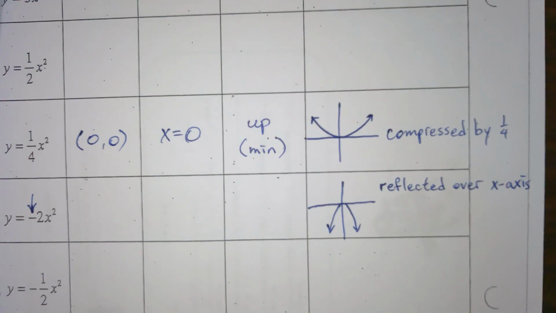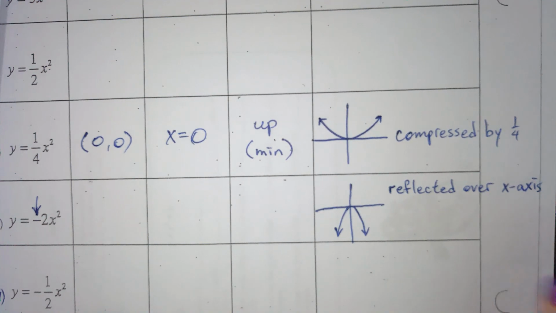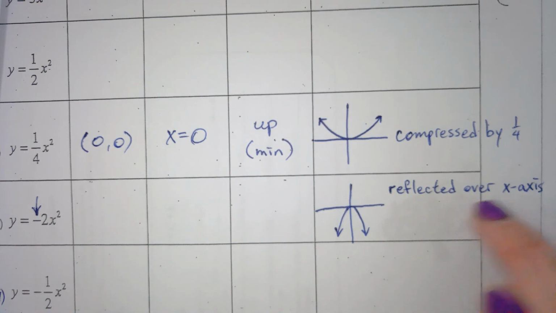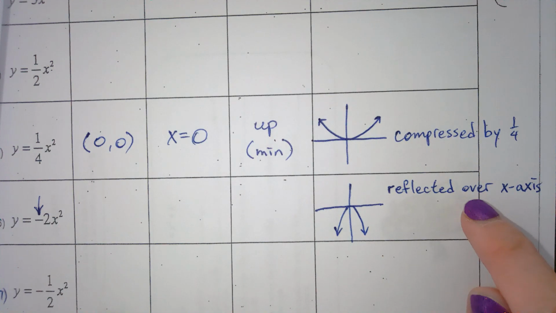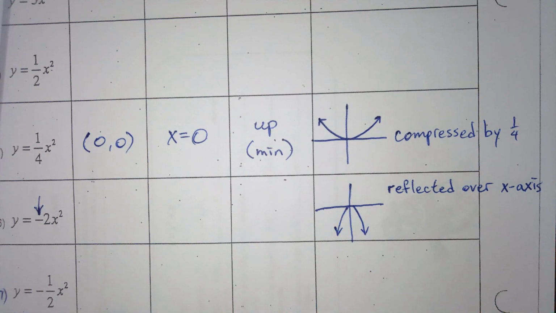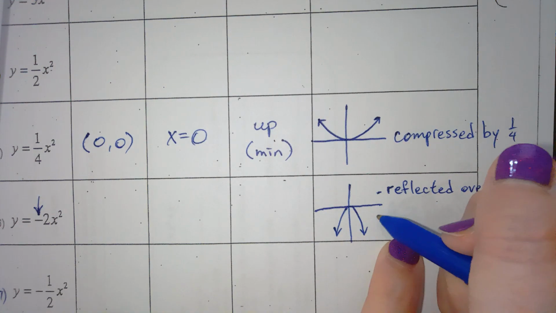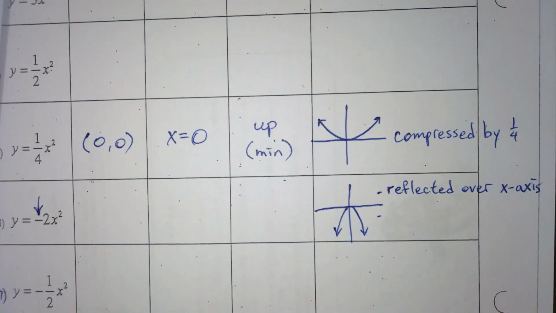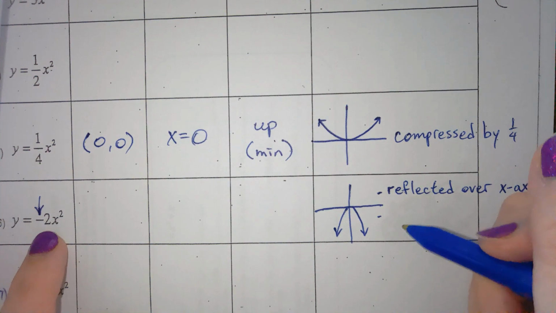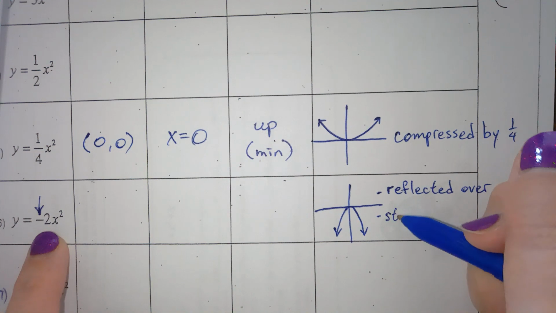So that's why I'm using these terms now, so that you guys are used to it. So basically, reflected over x-axis means just flipping it. But that's the proper term. Other than reflecting over the x-axis, what also happened? Because of the 2 as well, it's also stretched by 2.